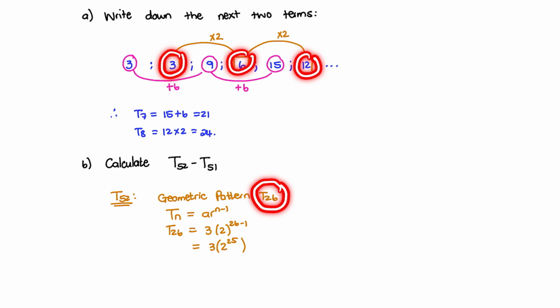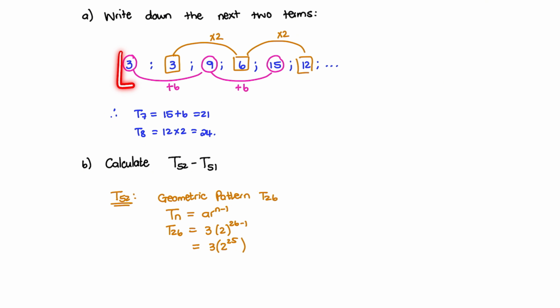So we just take the position divided by 2. Take, for example, 3 here. That is term 2 in our original sequence, but it is term 1 in the geometric pattern. So that means that term 52 in the original sequence would be term 26 in the geometric pattern.